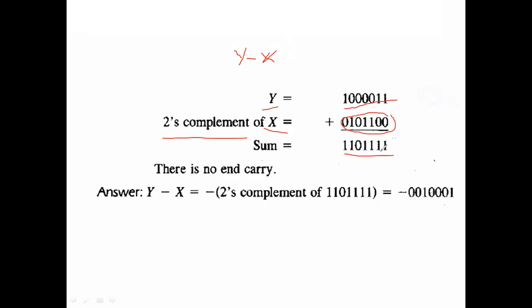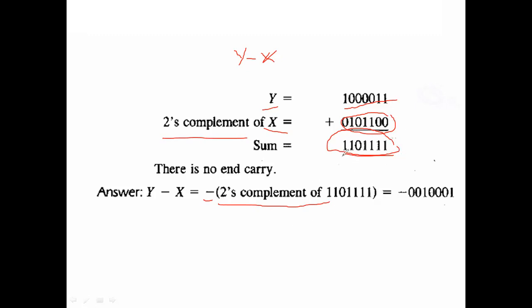So, after we sum, for that resulting value again we are calculating the 2's complement. Actually, small number minus big number means a negative result will be obtained. So put a negative sign here and calculate the 2's complement of the addition result.